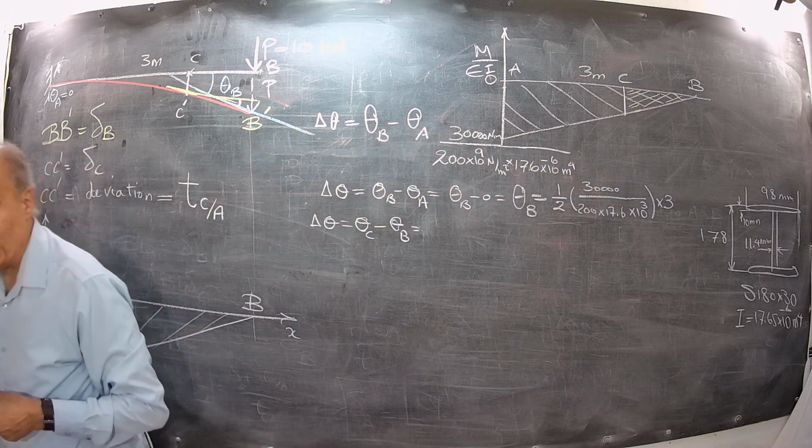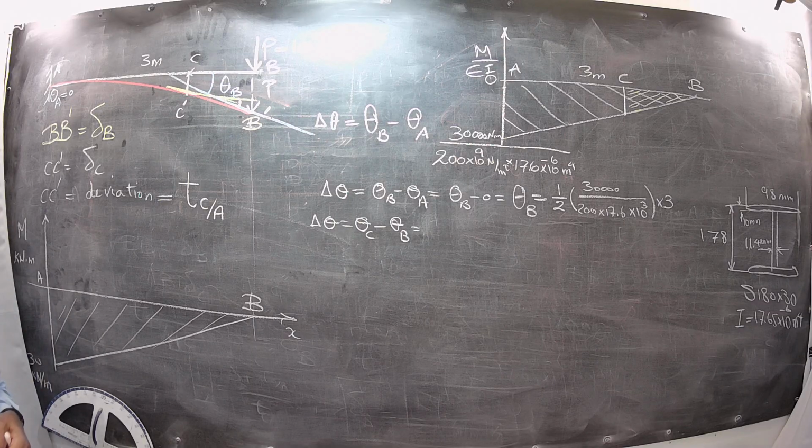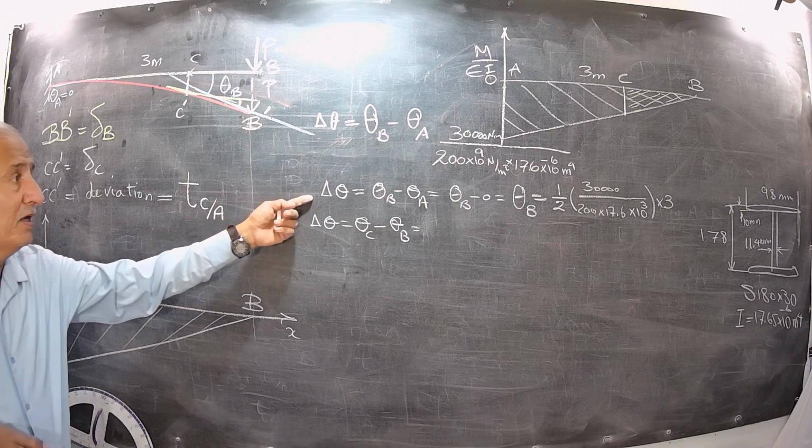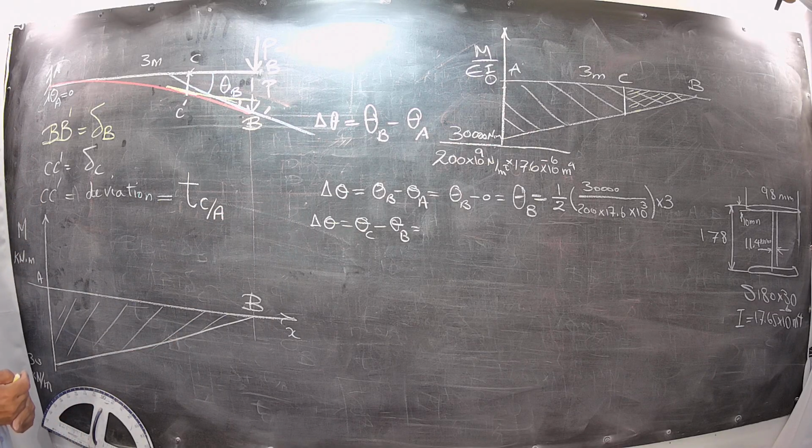It's the changing angle. If you got theta B, you can find theta C from the first part of the solution.